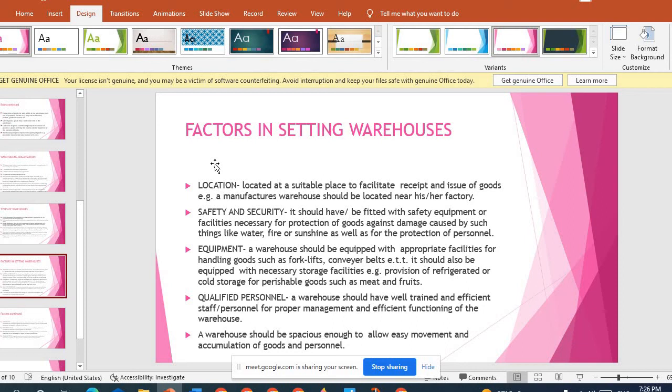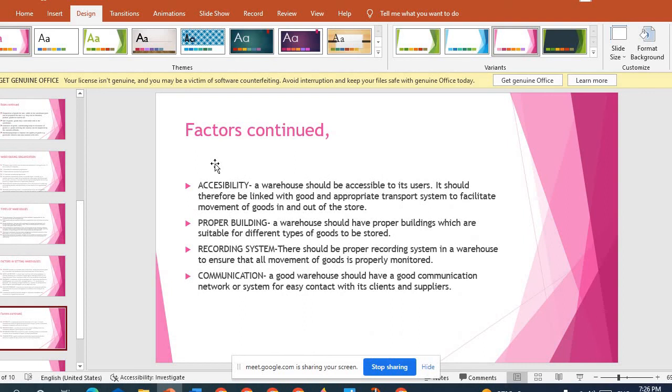You should have well-trained and efficient staff for proper management. And then a warehouse should be spacious enough to allow easy movement. Then it should be easily accessible to the users, and communication in the warehouse. There should be a good communication network for easy contact with its clients and suppliers. Are we together up to that point?